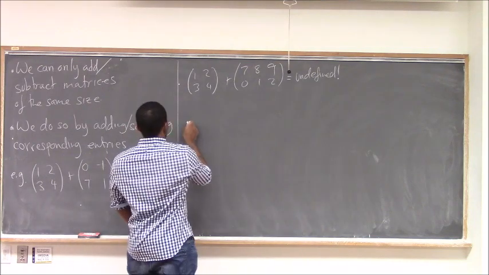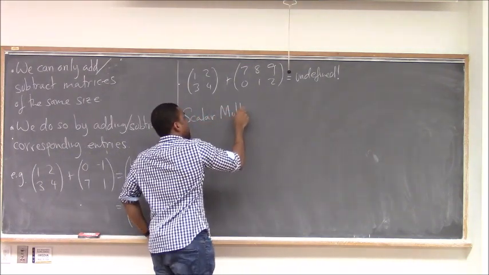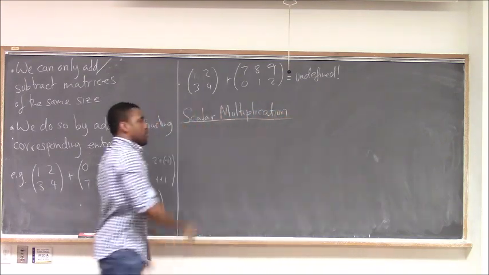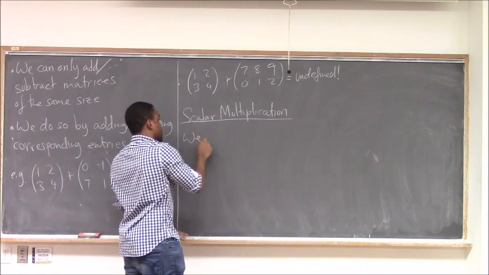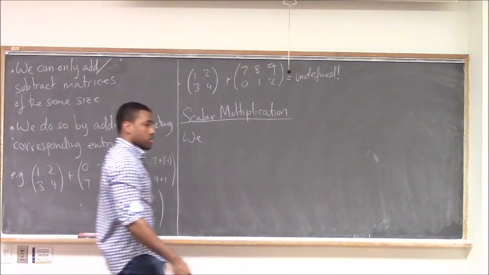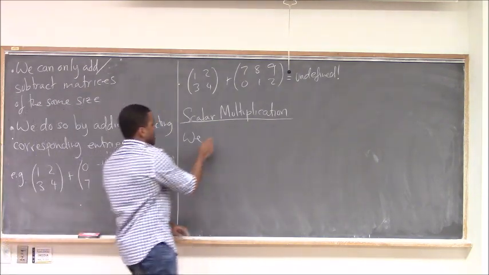We can talk about also scalar multiplication. Just like how we can multiply vectors by scalars, we can multiply matrices by scalars, because you can even think of matrices as vector functions.